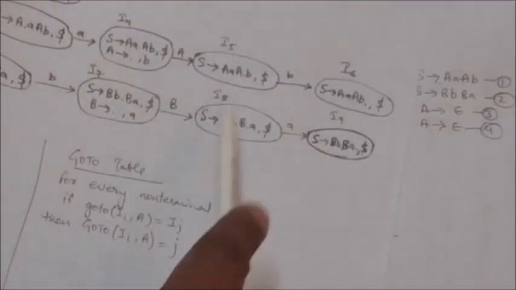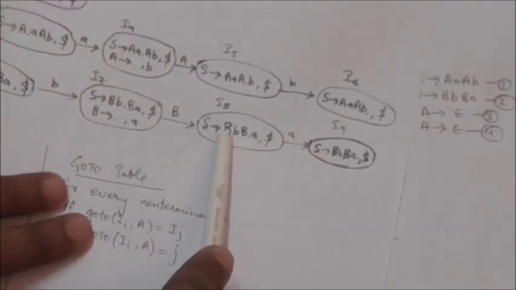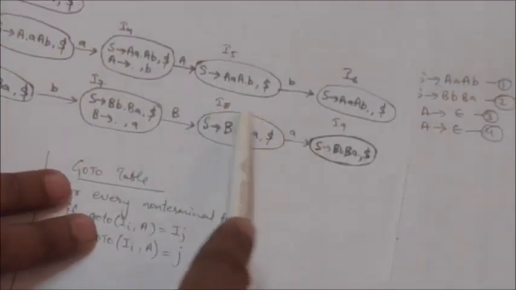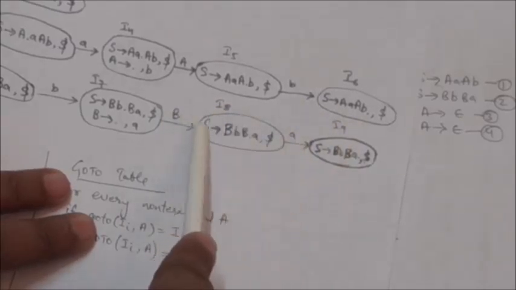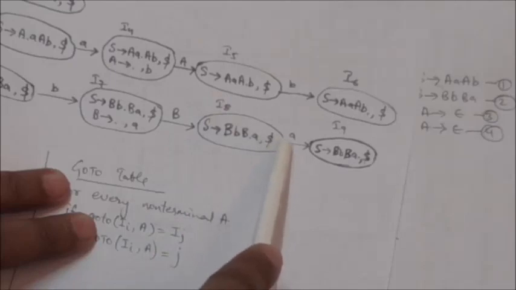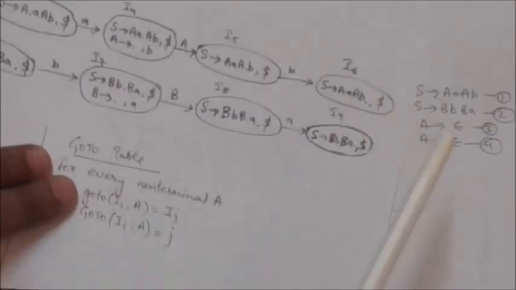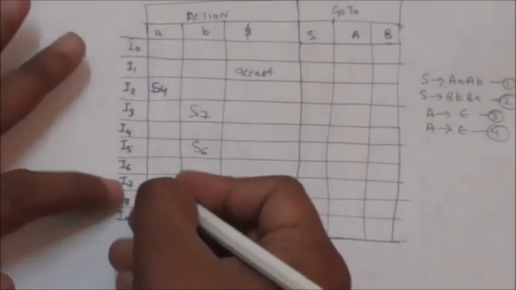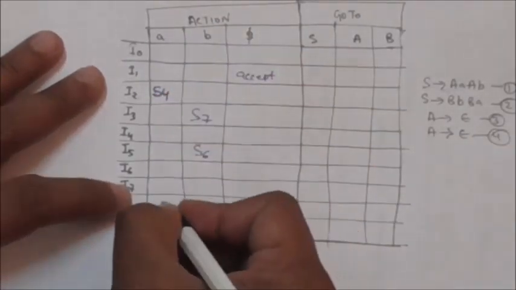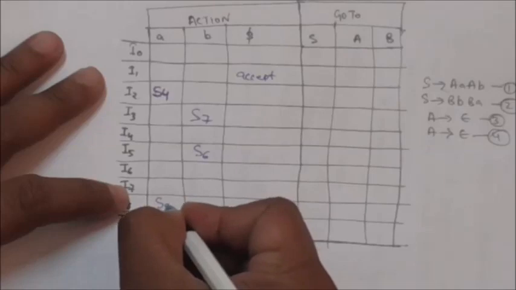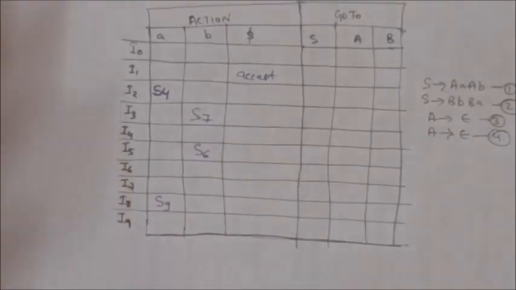Now see this transition from state I8 to I9 for terminal symbol A. So when the DFA is in state I8 and it reads the terminal symbol A, it jumps to state I9. So in the row labeled by I8 and column labeled by terminal symbol A, I will write S9.